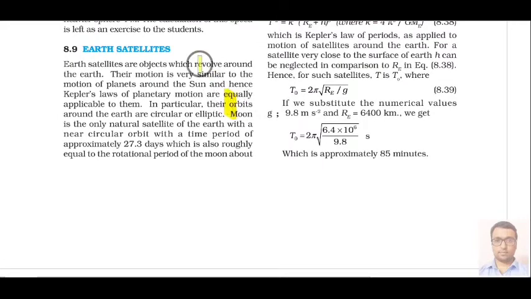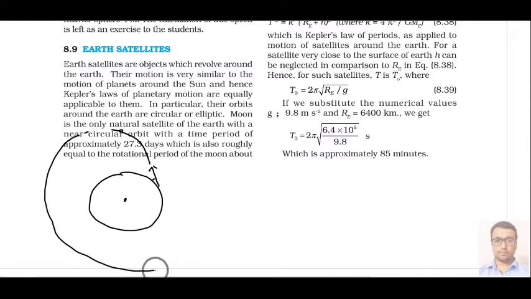So what is an Earth satellite? From the surface of the Earth we send an Earth satellite, and at some projection angle we can send it, and then it will be placed over here, and at some particular orbit it will rotate like this.